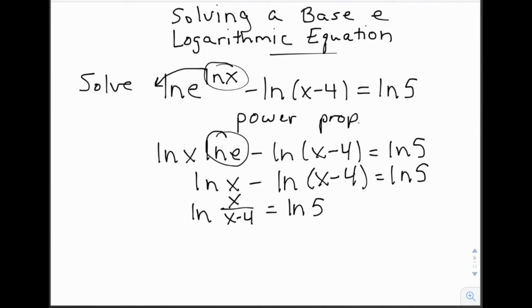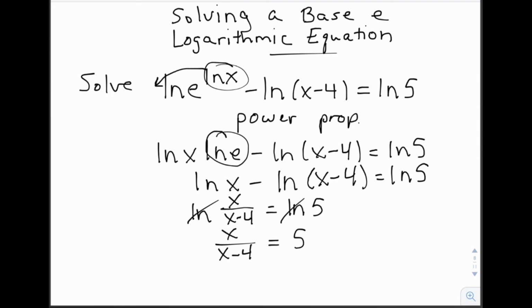Now we can go ahead and use our property of logs. Again, we can use it to bring in some logs, or we can use it to take away logs. Since we have natural log on both sides, let's go ahead and take away our logs here. That leaves us with x divided by x minus 4 equal to 5.